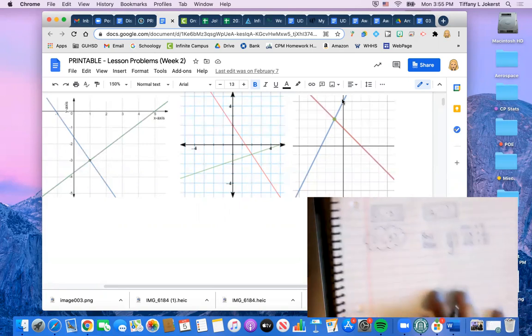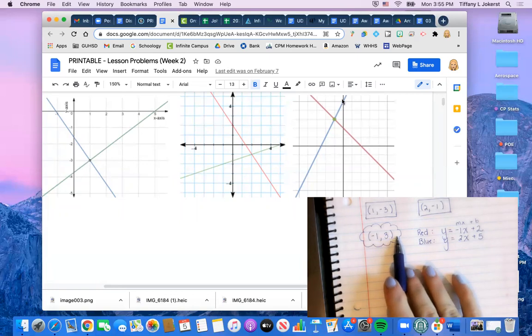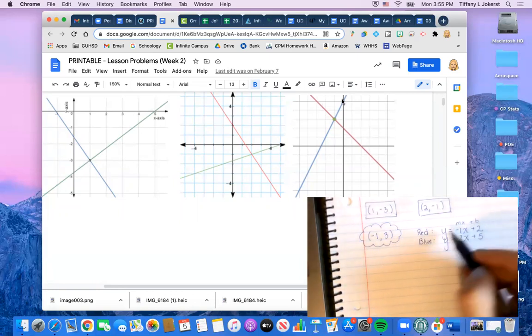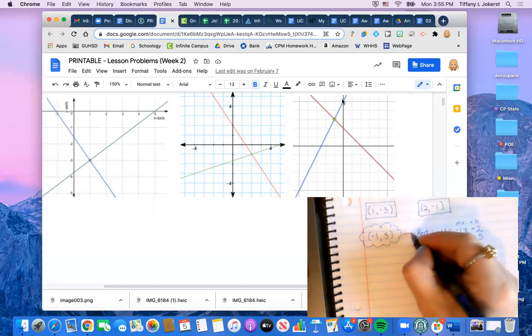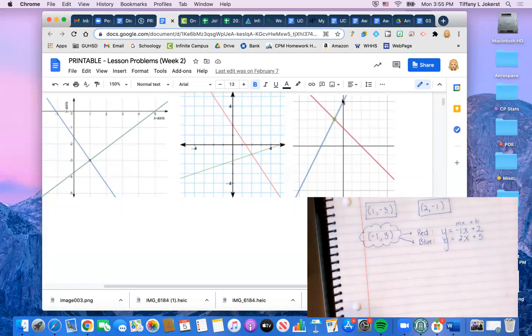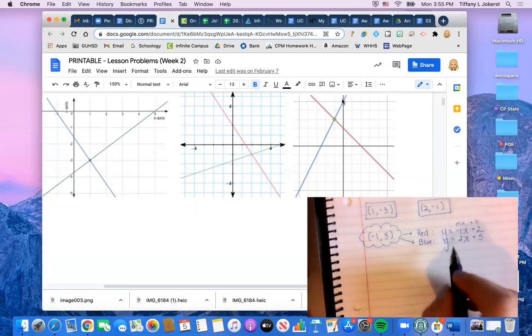Well, now I want to make sure that this is truly a solution. To check to see that it's truly a solution, when I plug it into this line and into this line, it better work. If it doesn't, then that's not a solution. It's not where they intersect, but we're going to plug it in.